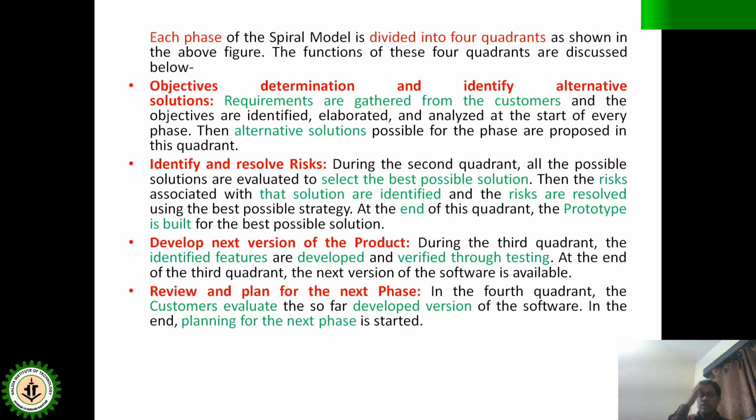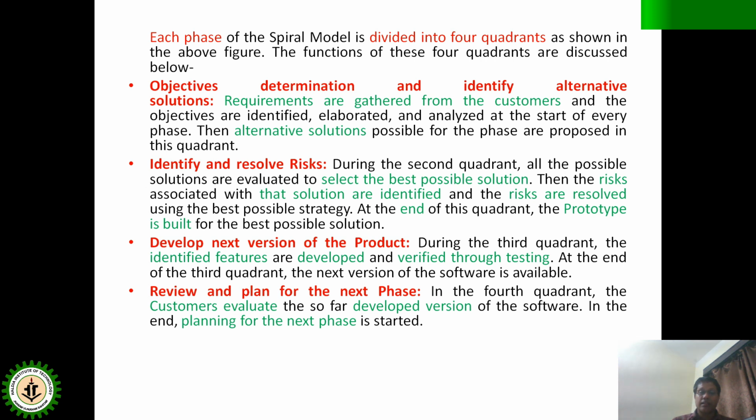Now each phase of the spiral model is divided into 4 quadrants, as we have seen from the diagram. The first is objective determination and identifying alternate solutions. The requirements are gathered from the clients and the objectives are identified and analyzed at the start of any project or phase.